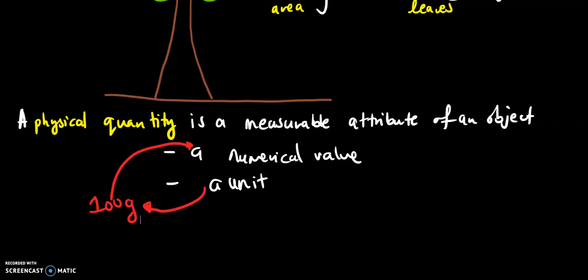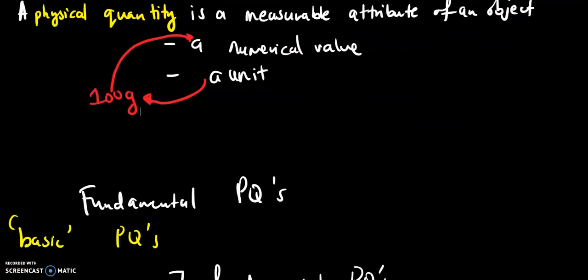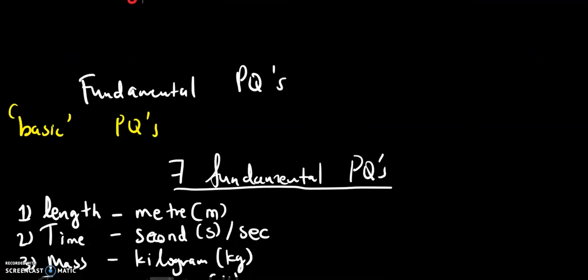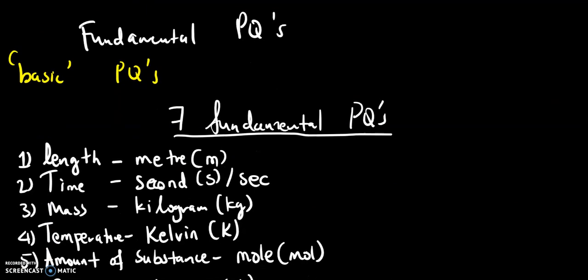Now, I want us to talk about fundamental physical quantities. As the word suggests, fundamental physical quantities are those quantities we cannot express in terms of other physical quantities, or rather basic physical quantities, because fundamental also means basic.